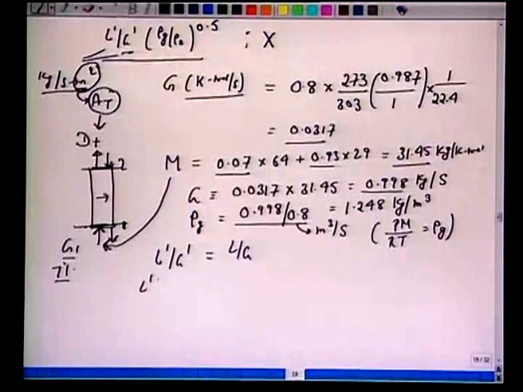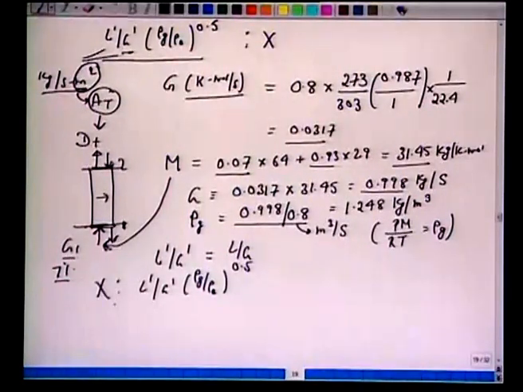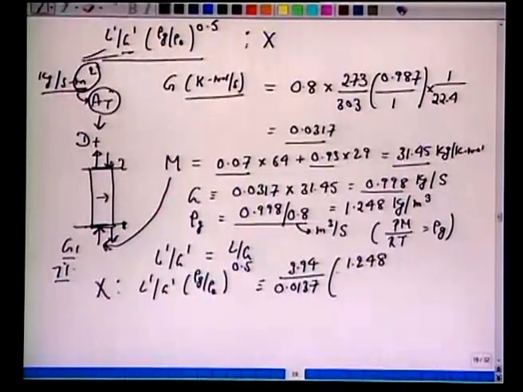So, we calculate this quantity, rho G over rho L to the power 0.5, which is on the x axis. This is equal to 3.94 over 0.0137, 1.248 over 1235 to the power 0.5. So, liquid flow rate is given as 3.94, 3.8 kg per second. Okay, so we'll correct this to 3.8 kg per second.